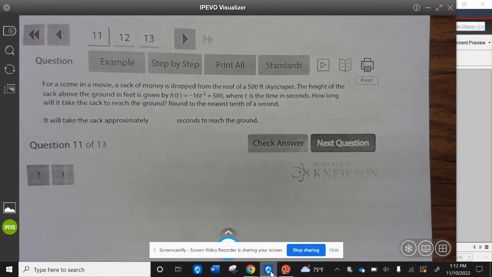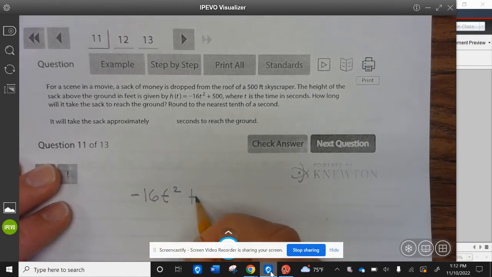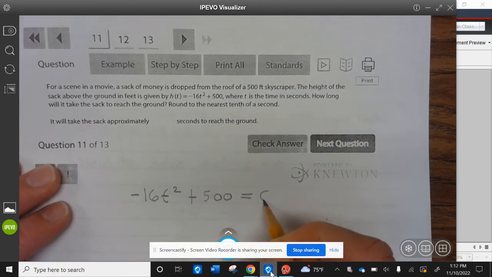All right, example 10. Last example. For a scene in a movie, a sack of money is dropped from the roof of a 500-foot skyscraper. The height of the sack above the ground in feet is given by h of t equals negative 16t squared plus 500, where t is the time in seconds. How long will it take the sack to reach the ground? So we need to set negative 16t squared plus 500 equal to 0.